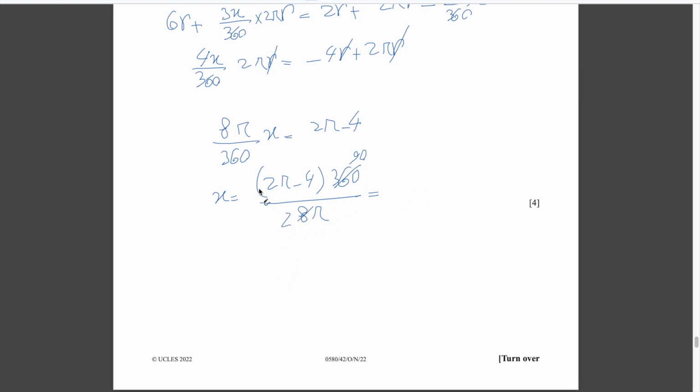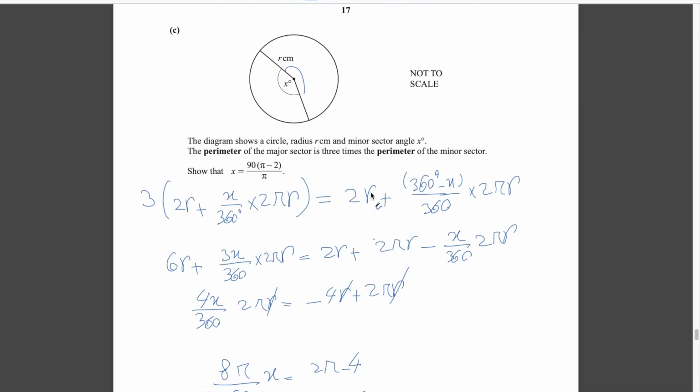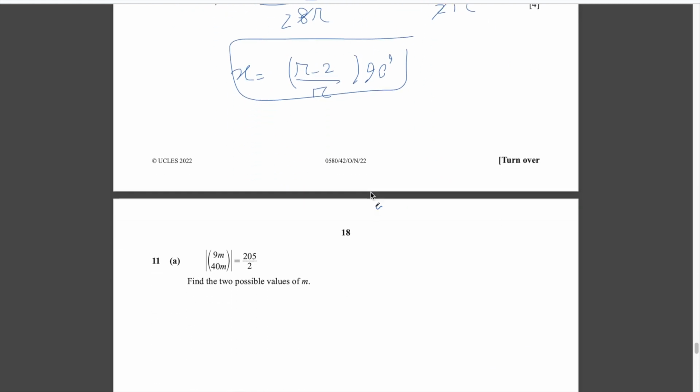Then you can factor 2 here, pi minus 2, 90 over 2 pi. 2 cancel out, so x will become pi minus 2 over pi times 90 degree. Now it is exactly what was asked in the question.